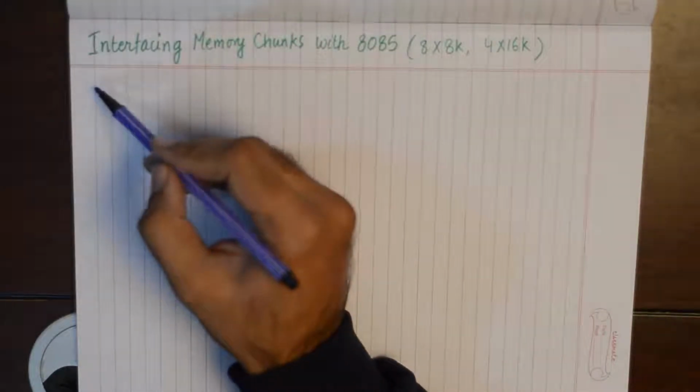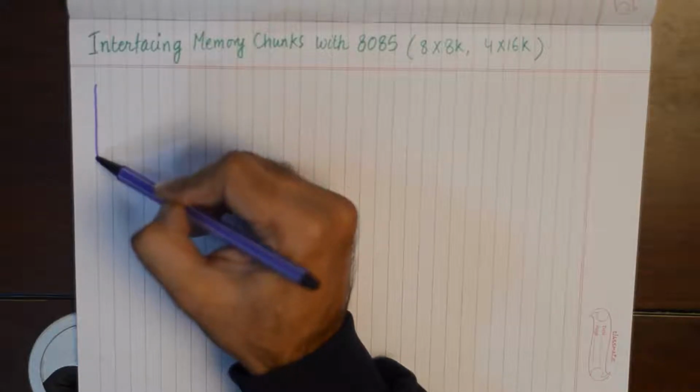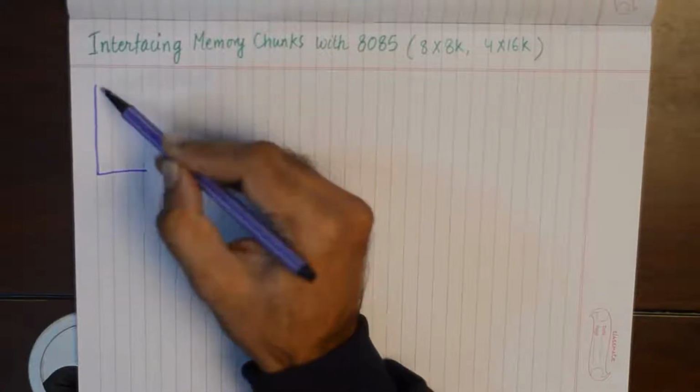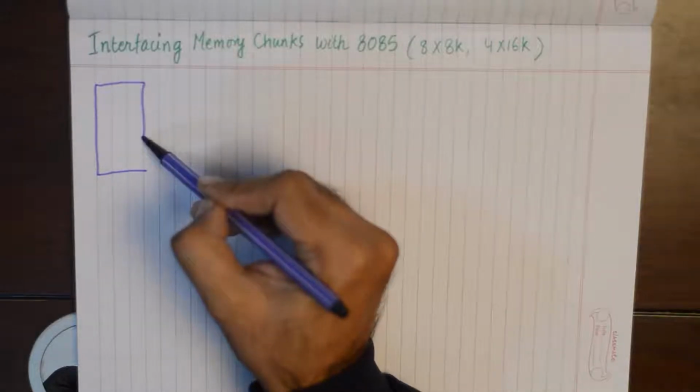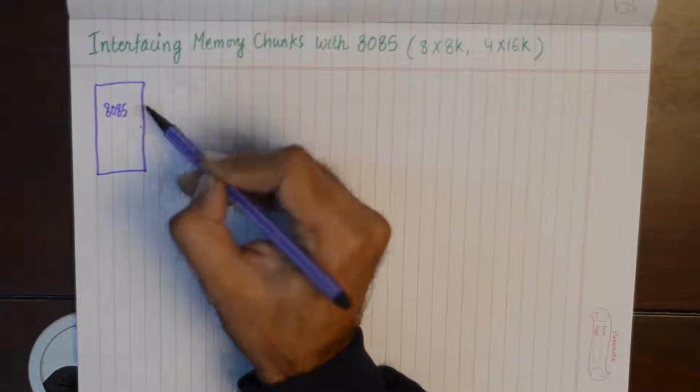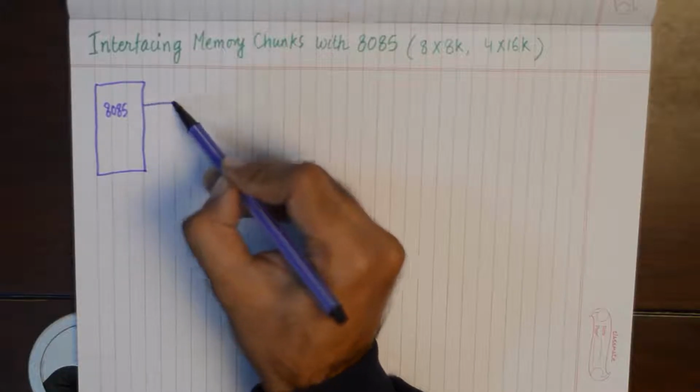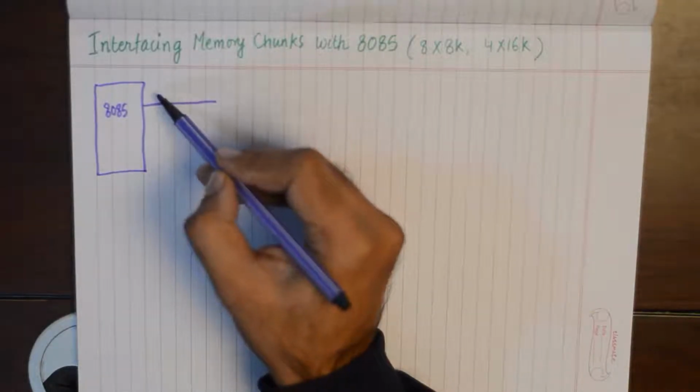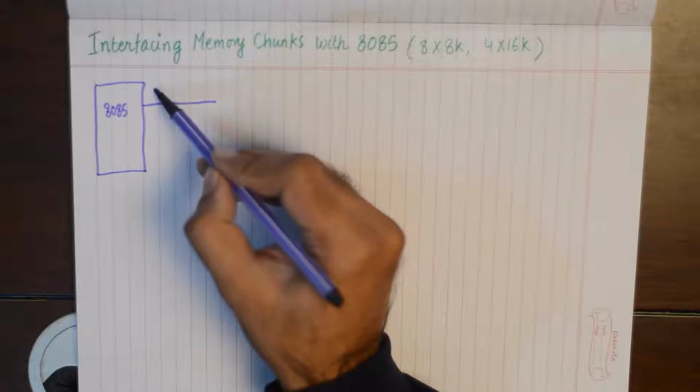Now in case of 8085, we need to understand that the address and data lines are multiplexed.